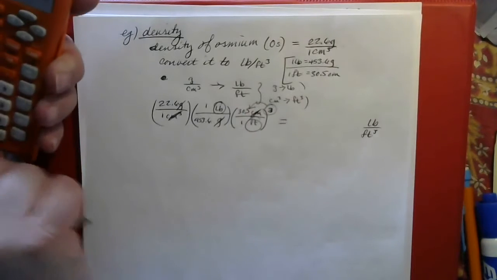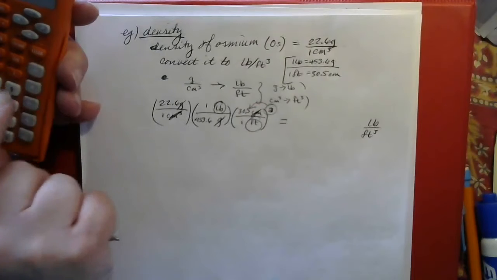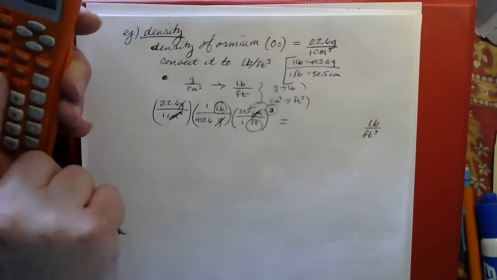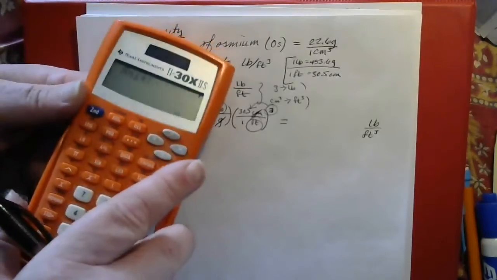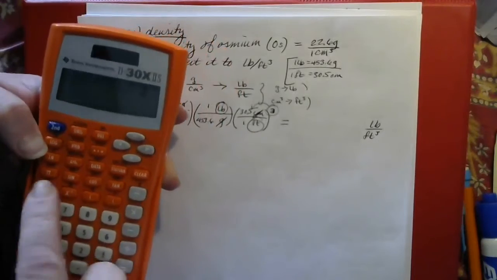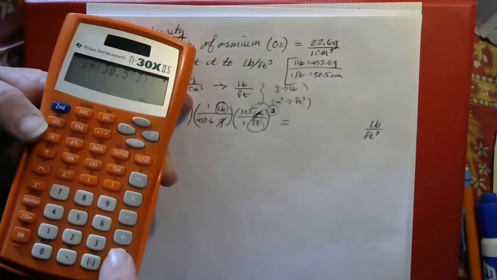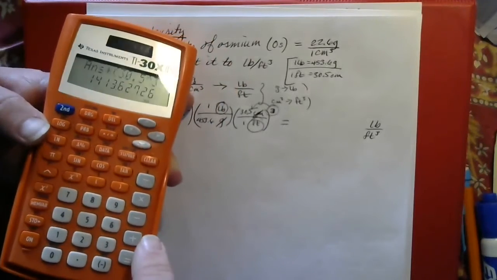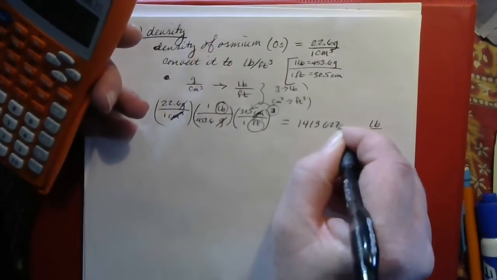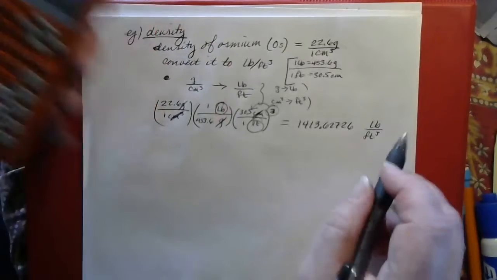So numerically, this would be 22.6 divided by 453.6 times, and then I would put the 30.5 in parentheses, 30.5 raised to the third power, close parentheses, just to avoid any misunderstandings, and then hit equals, and we get 1,413.6276.